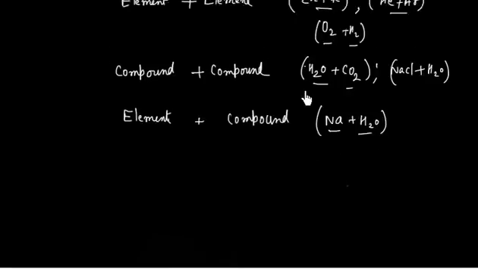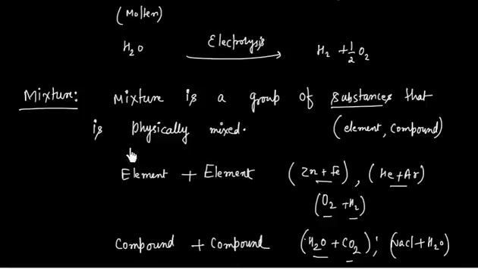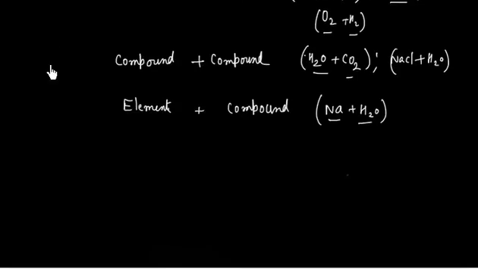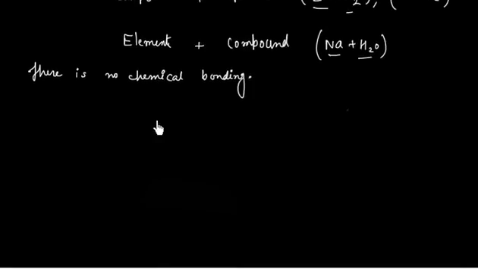Important point, in case of a mixture, substances are physically mixed. So there is no chemical bonding between atoms in this case. There is no chemical bond, no chemical action. Another important point, a mixture can be separated into its components by physical means.